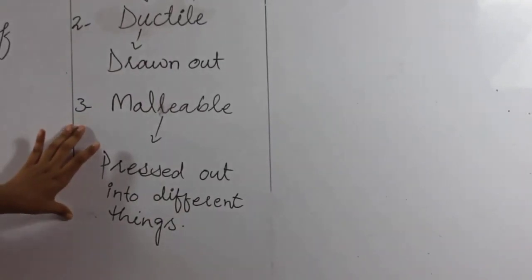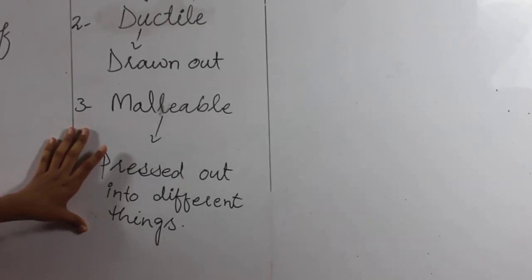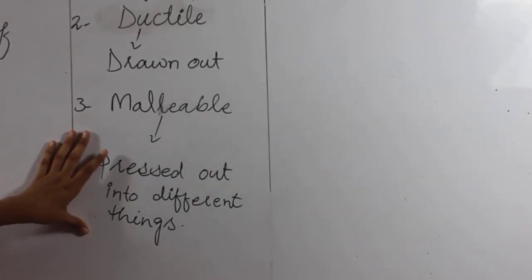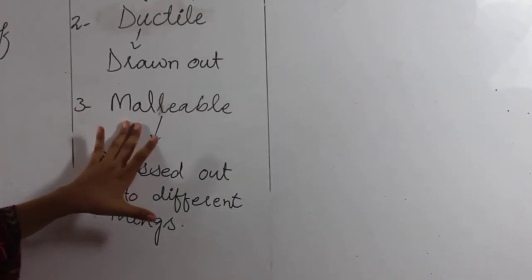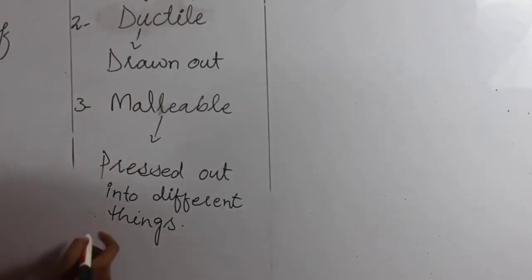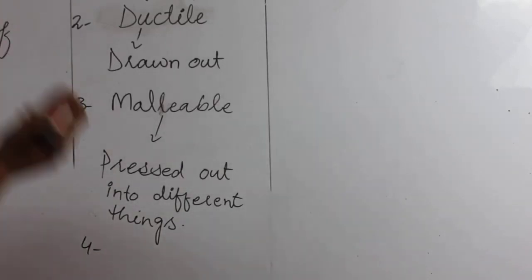We use metal in jewelry, in cooking utensils, and in home utensils, and we can say that metals are malleable.